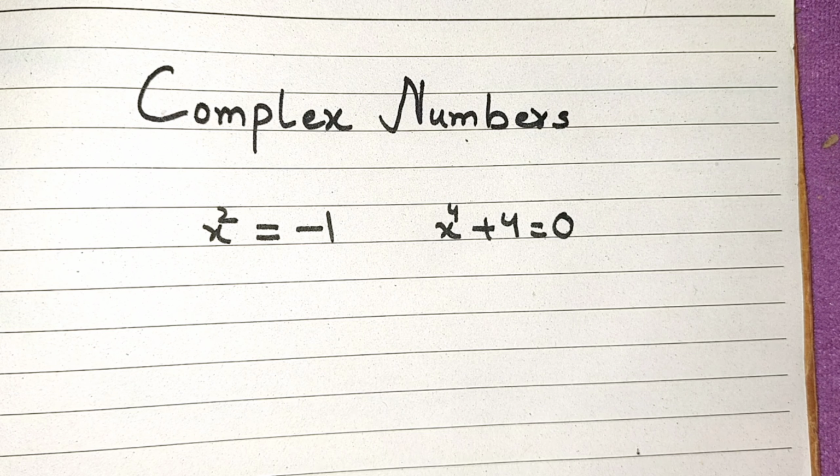This cannot be done by using the real number system, and such types of equations have no real roots. So how do we solve them? Complex numbers were basically introduced to solve such types of equations, and we call them complex numbers and imaginary numbers as well.